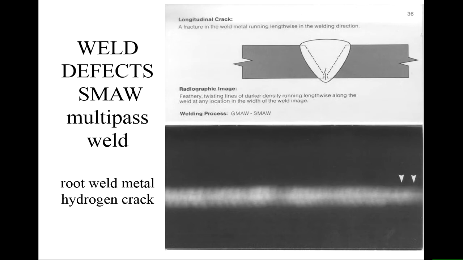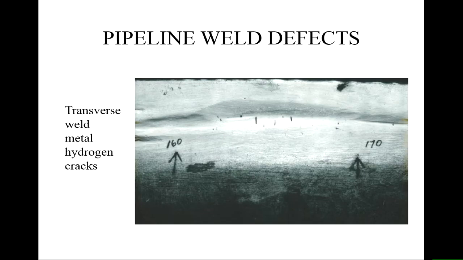It is here because, as in the description there, it appears as lines of darker density, and they are marked here. You need a really well-trained eye to observe this. So that's the hydrogen cracking propagating longitudinally.